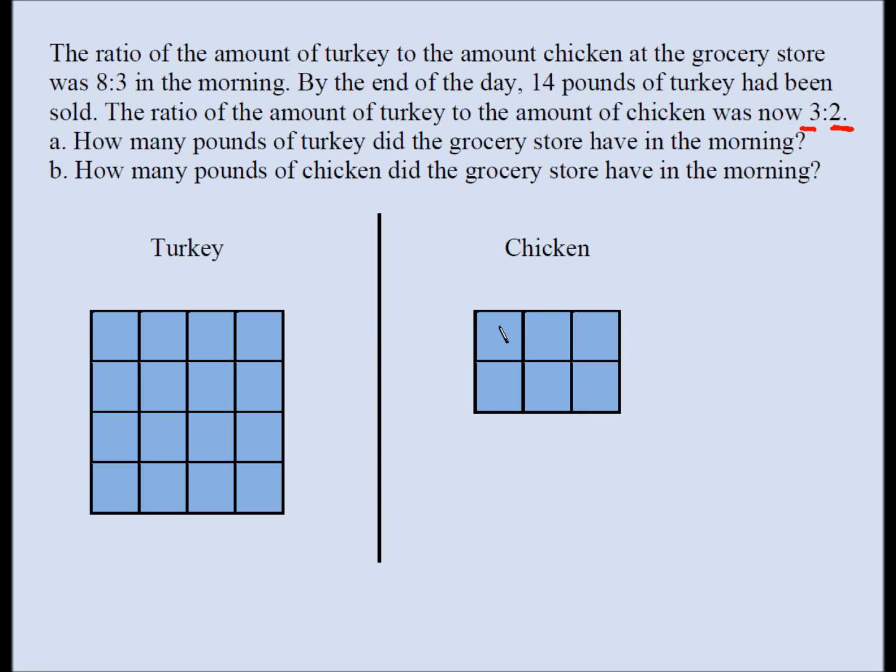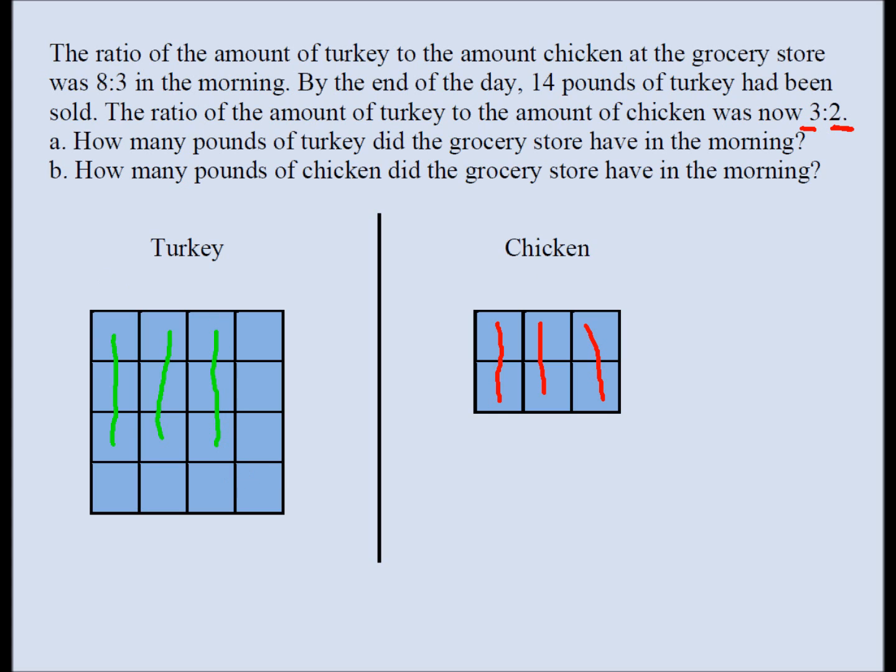So let's do it this way. I have 2 parts of chicken. I have 3 parts of turkey. I have 2 parts of chicken. I have 3 parts of turkey. I have 2 parts of chicken. I have 3 parts of turkey.